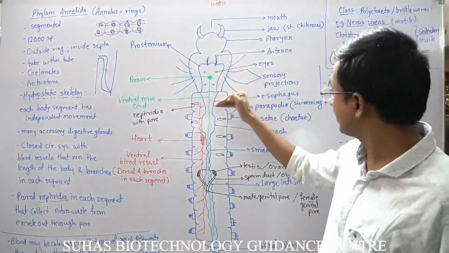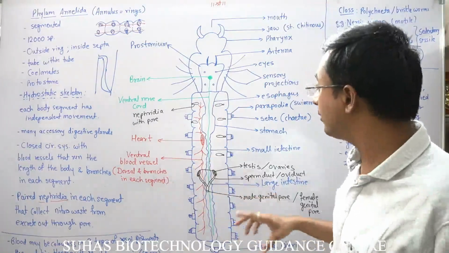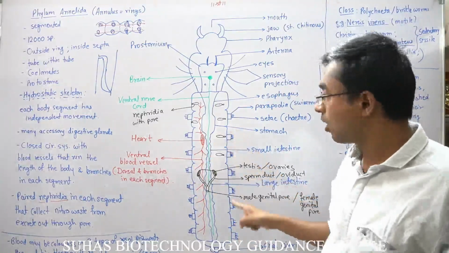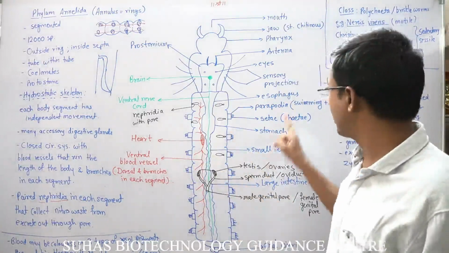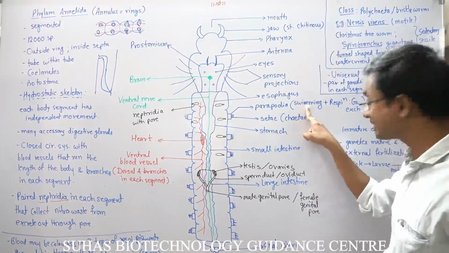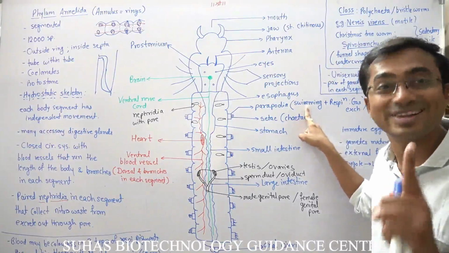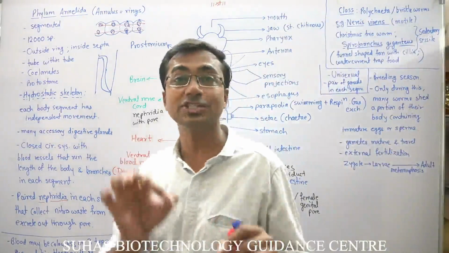But immediately after that starts the segmented body, that is the elongated body, with parapodia. On every segment there are 2 parapodia, that is a pair of parapodia. The parapodia are used not only for swimming, but they are also used for respiration, as they are involved in gaseous exchange.